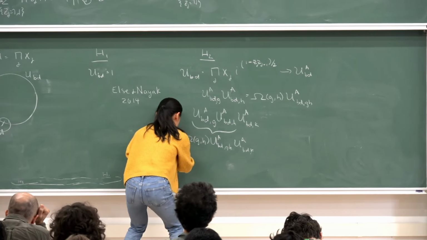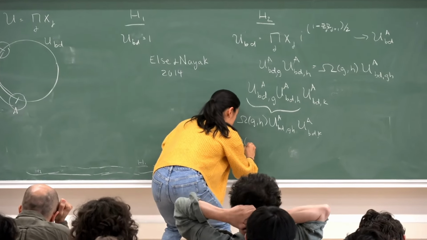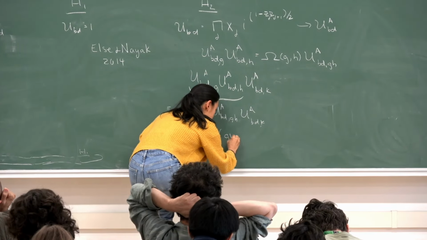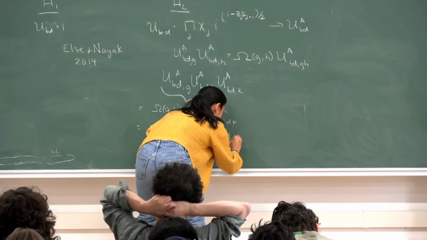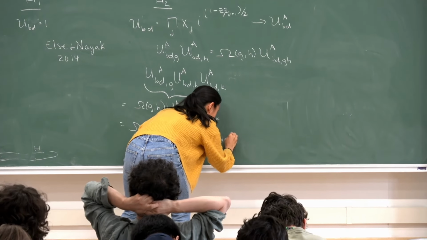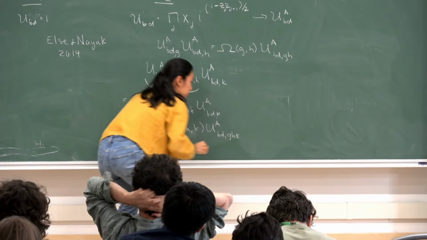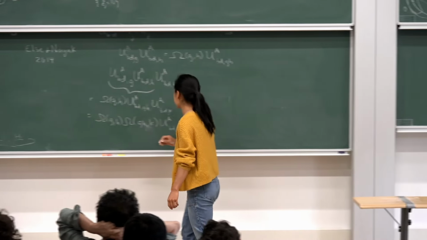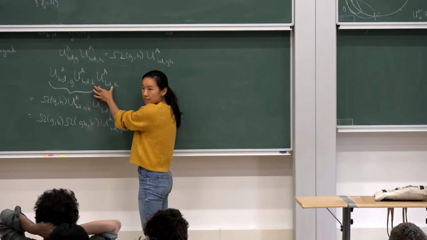So now this is equal to omega G H omega G H K U boundary G H K. On the other hand, we could have also fused these first and then fused it with the rest.